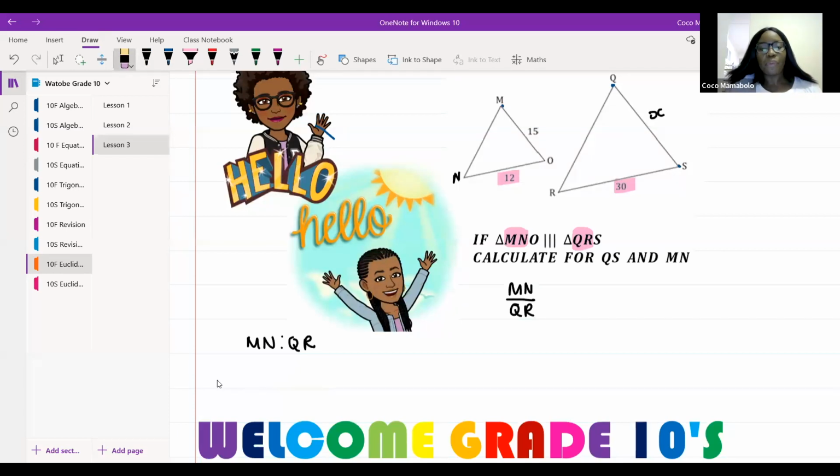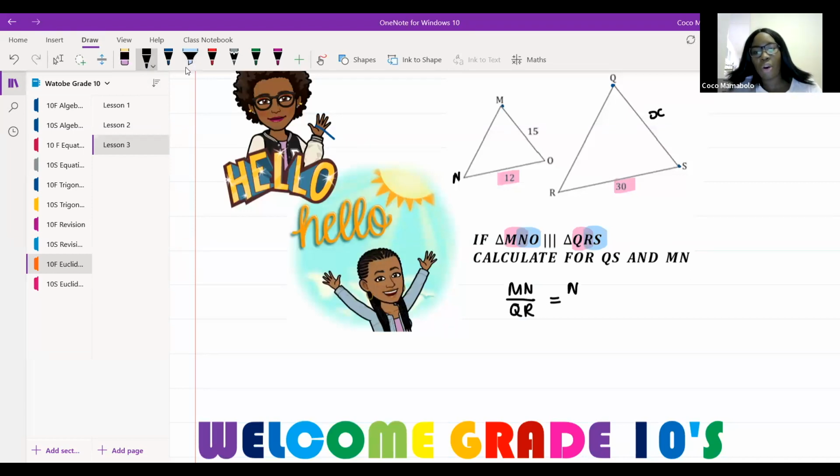Okay. So we're going to write it as MN over QR. And that is going to equal to, and then we can look at our triangles exactly the way that they've given us. We're going to take the last 2 letters. I'm going to go NO, that's my last 2 letters, and those will correspond with the last 2 letters in my second triangle, RS. So I can then write them as a ratio.